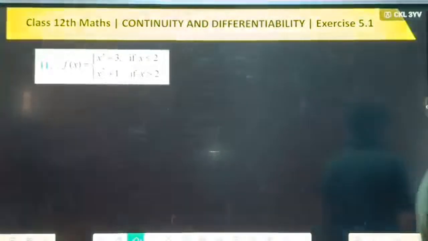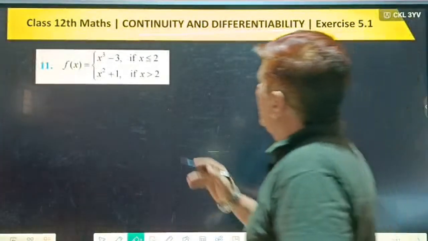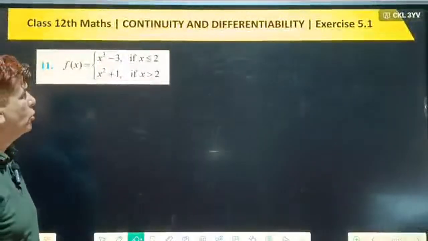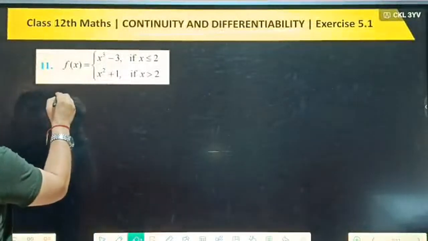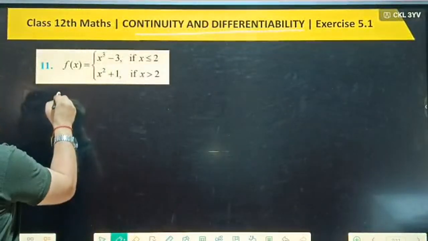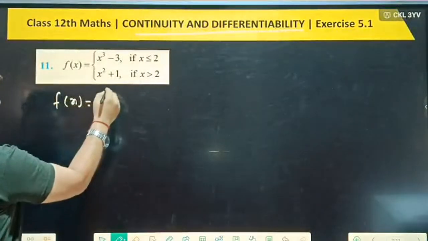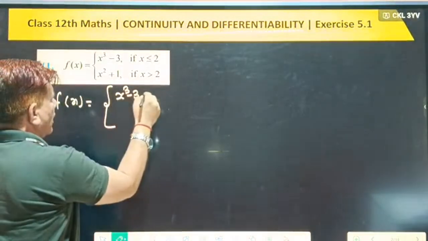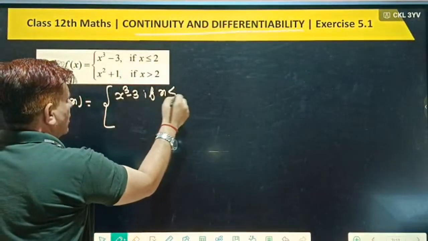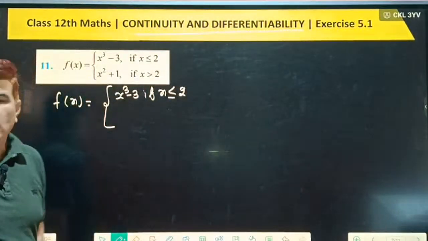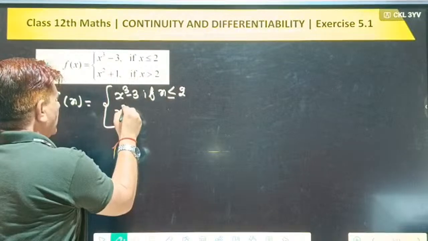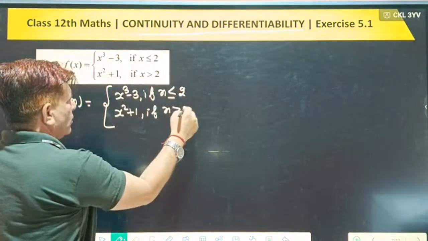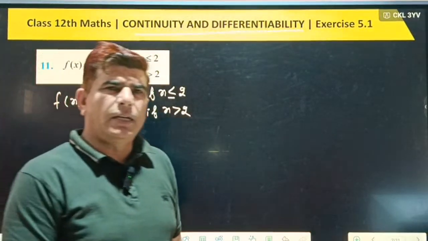What's given? f of x is given like this: f of x equals x cube minus 3 if x is less than or equal to 2, and x square plus 1 if x is greater than 2.